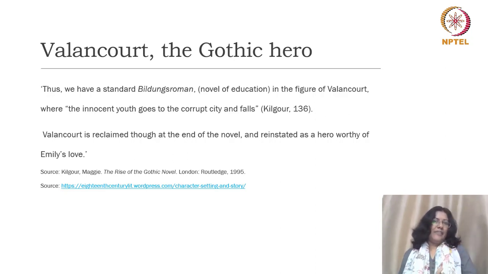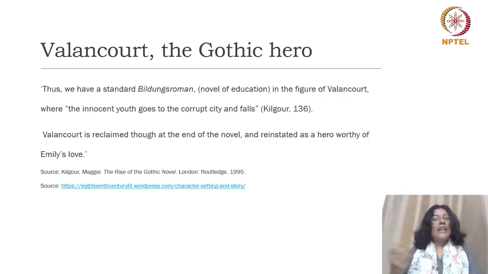There is a kind of reclamation going on at the end of the novel, and he is reinstated as a hero worthy of Emily St. Aubert's love. So we do have two growth trajectories, one of the heroine, one of the hero, and the similarity between the two is that they are equally very sensitive and sentimental.